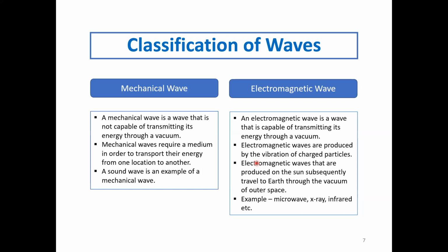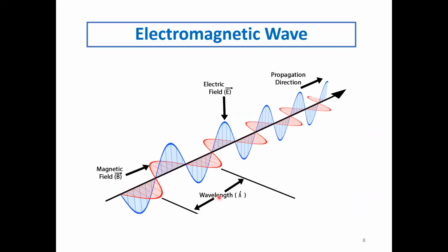So it can transmit through the vacuum. Mechanical waves need a medium. Electromagnetic waves do not need any medium, but if there is a medium, they can also pass.